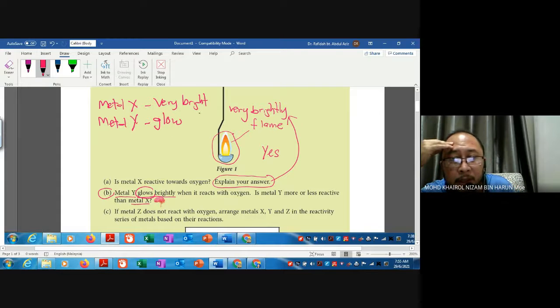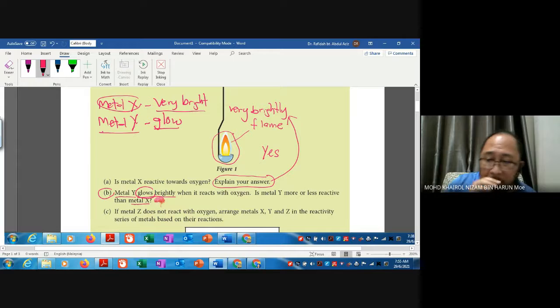So based on this observation, we can know that metal X is more reactive than metal Y when reacting with oxygen. We are just basing it on the observation produced by the reaction. So for question B, the answer is based on the reaction produced.